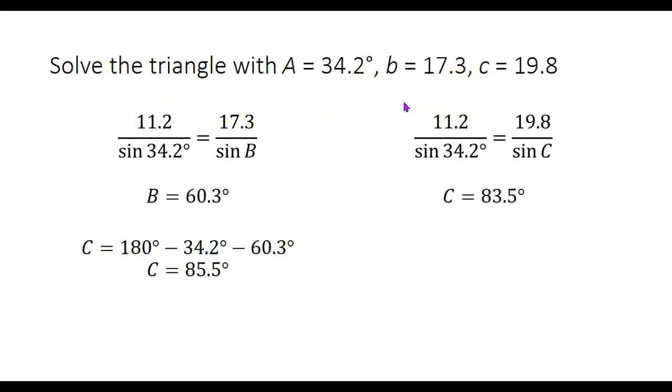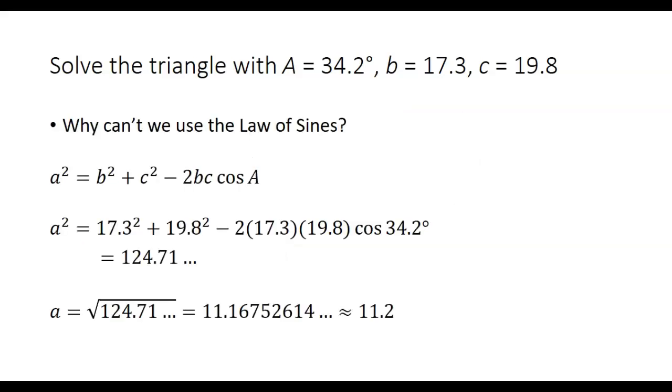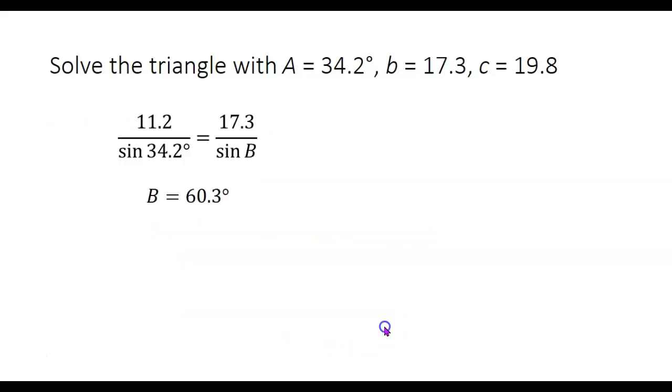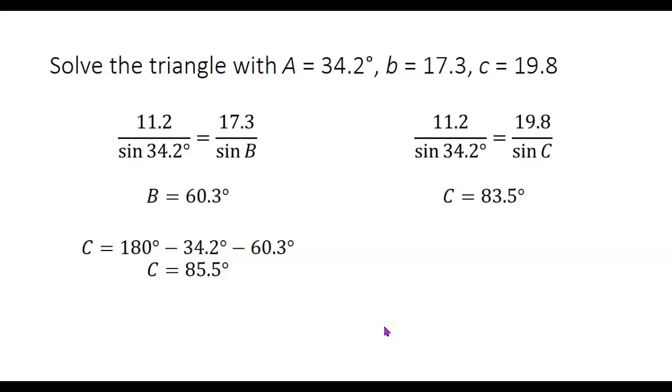The exact value we got was, remember, 11.167526614, and there were really more digits after that, but that's what my calculator showed me. But we rounded it to 11.2. So when we use that rounded off version, we got some round off error.